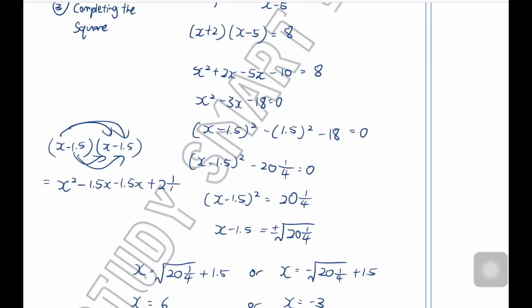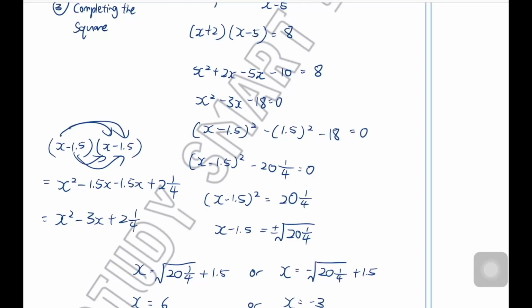What you will get is essentially plus 2 and 1 over 4, because this is negative 1.5 multiplied by negative 1.5. Using the calculator, you will get this 2 and 1 quarter. That would mean that you have x squared minus 3x plus 2 and 1 quarter.